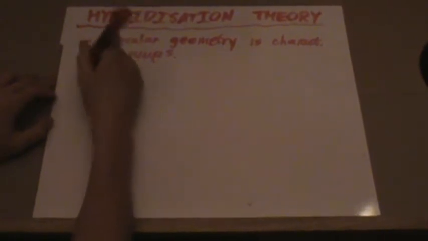So if we draw out the box diagram of boron again, we draw out our 2s, and it's got the 2 electrons, and then we draw out our 2p, and it's got 3 orbitals, 1 electron.